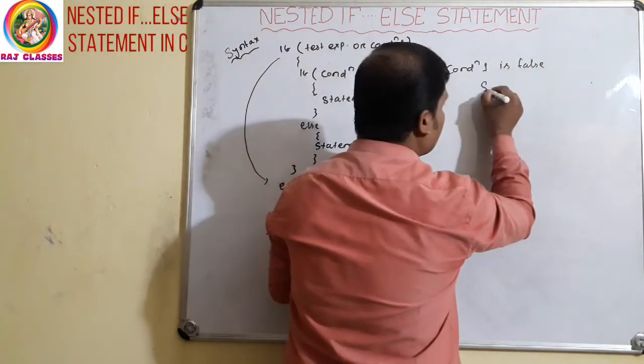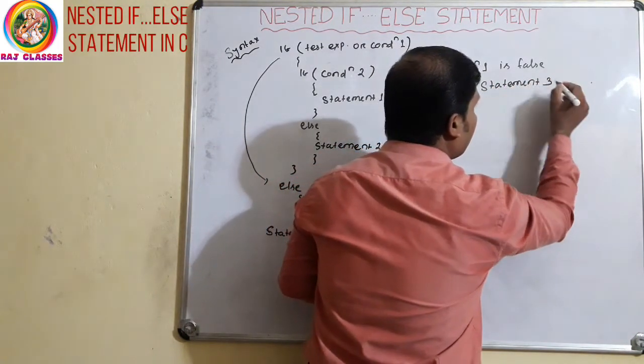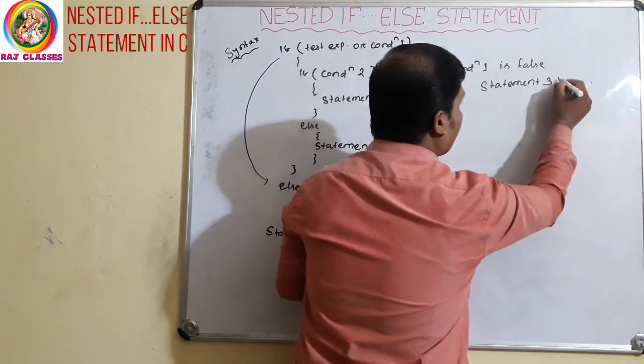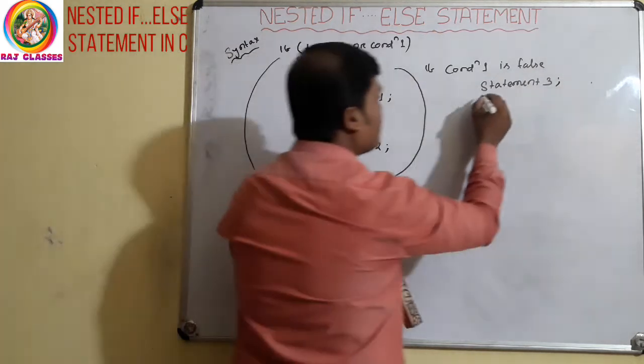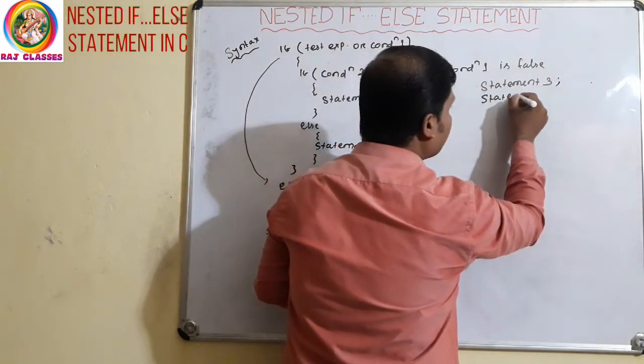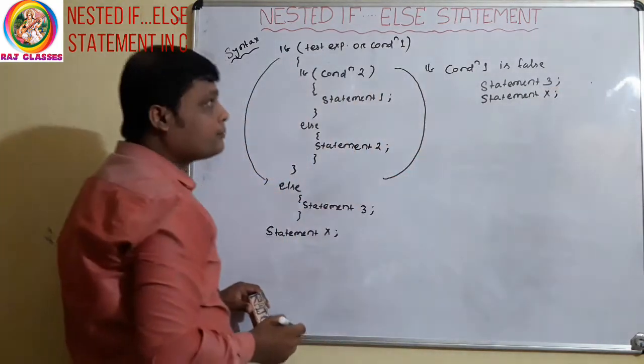Statement 3 will execute. Then it will go to the statement X and statement X will execute. Clear?